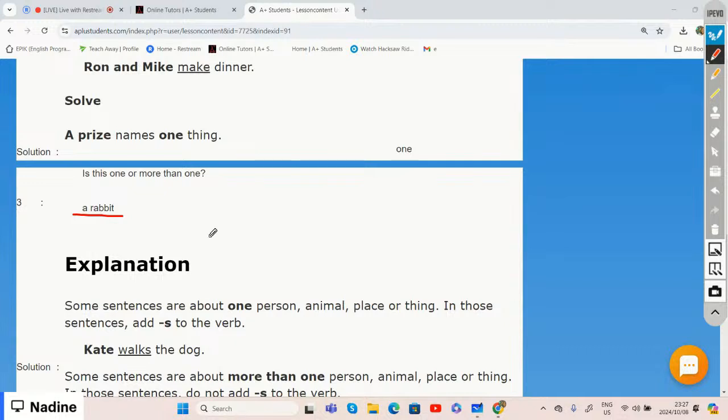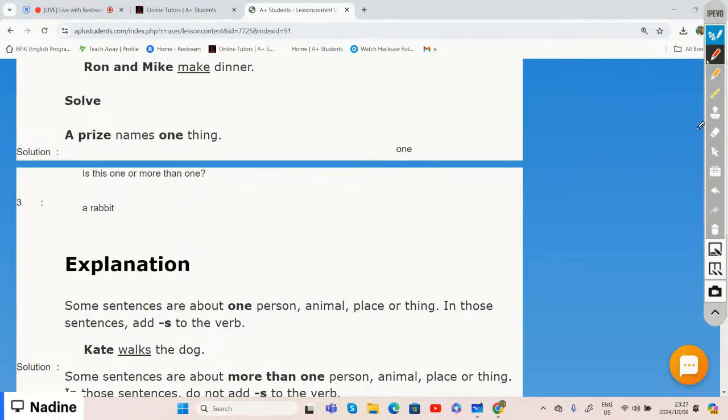A rabbit. Is it one rabbit or more than one rabbit? I saw a white rabbit. All right. And if we say a rabbit, then yes, a rabbit means that there's only one rabbit. Well done.